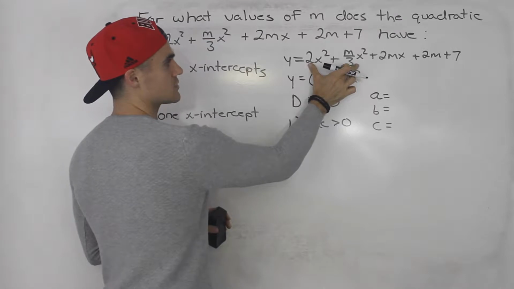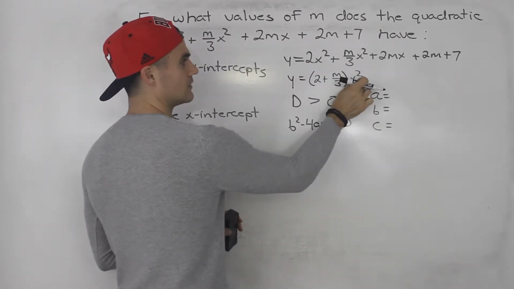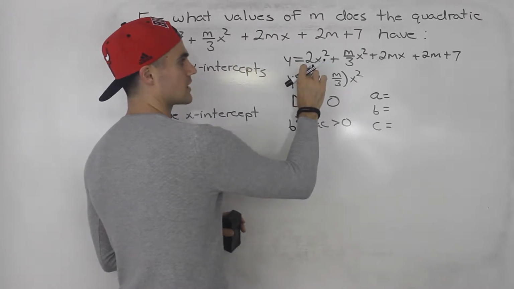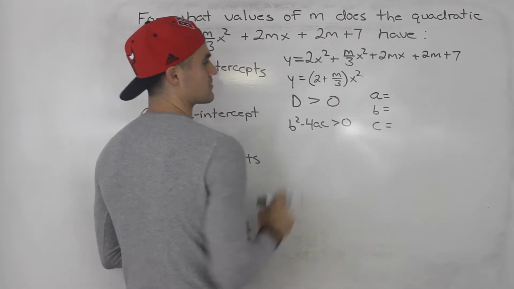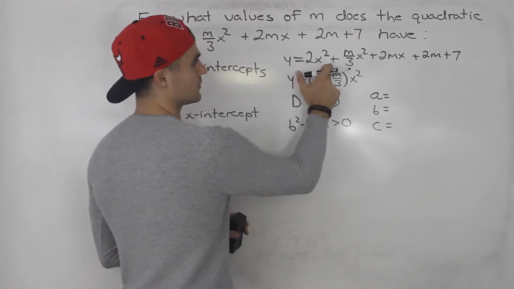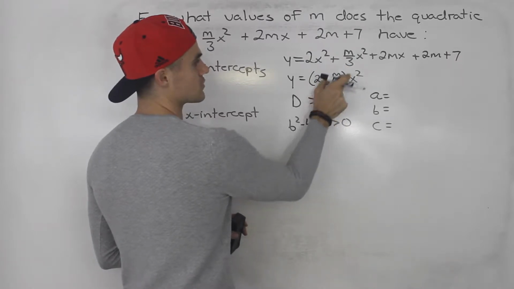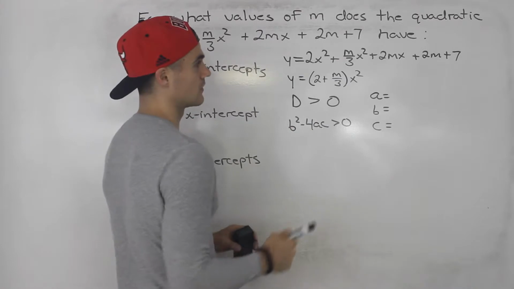I just took these two terms that both contain x squared and factored out the x squared in front. You could put the x squared here as well, but I think it's better to put it there. It just looks more like a quadratic then. And we're left with 2 plus m over 3. So if we redistribute that x squared back in the bracket, we would end up here.